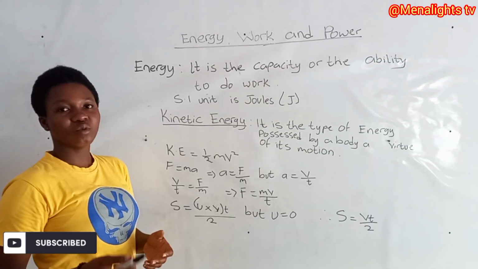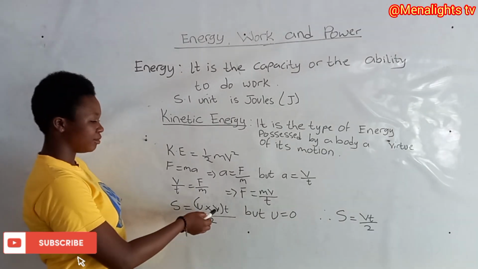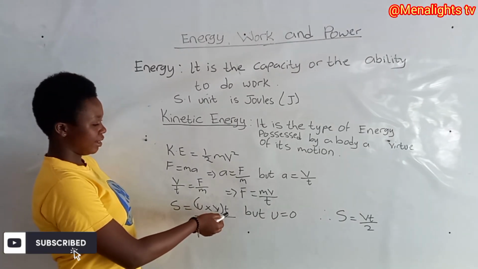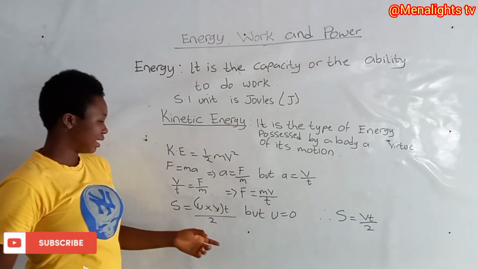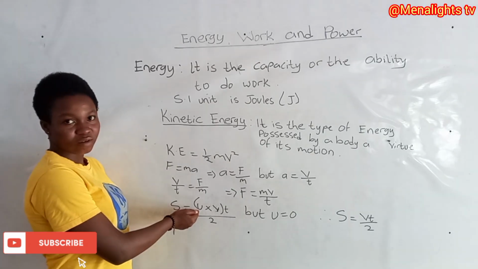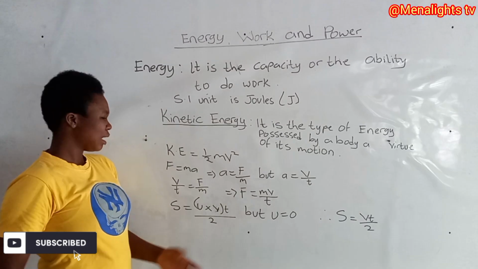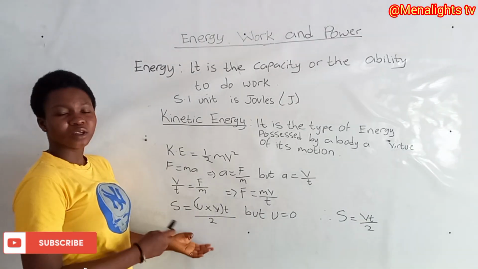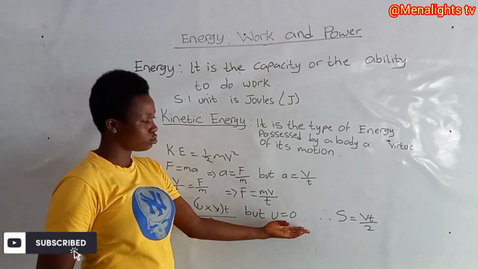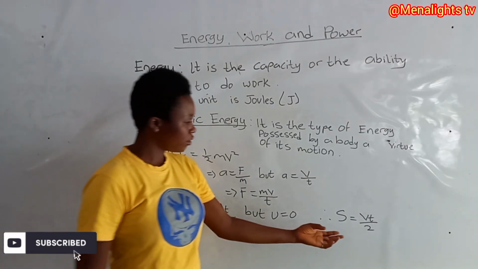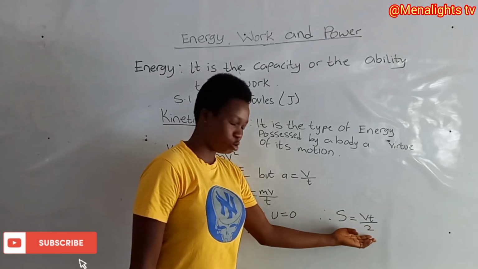From the equation of motion, the distance s is equal to (u + v) times t, all over 2, where u is initial velocity, v is final velocity, and t is time. But here the body was at rest, so the initial velocity u is equal to 0. So we have the distance s equal to v times t all over 2.